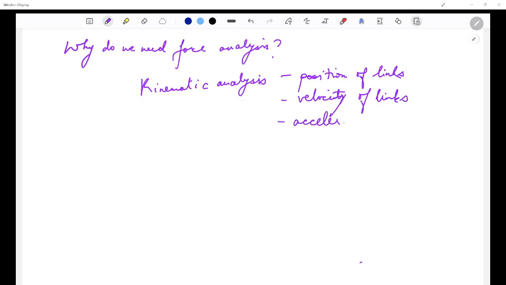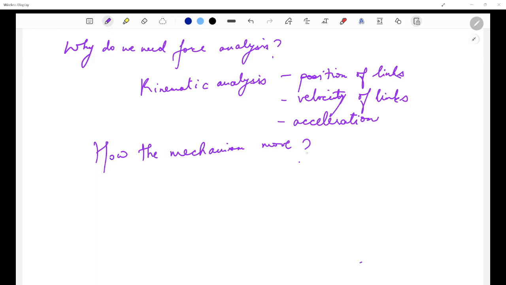So all of these things are covered when we do kinematic analysis. However, these kinematics only tell us how the mechanism moves. How the mechanism moves is answered by this.